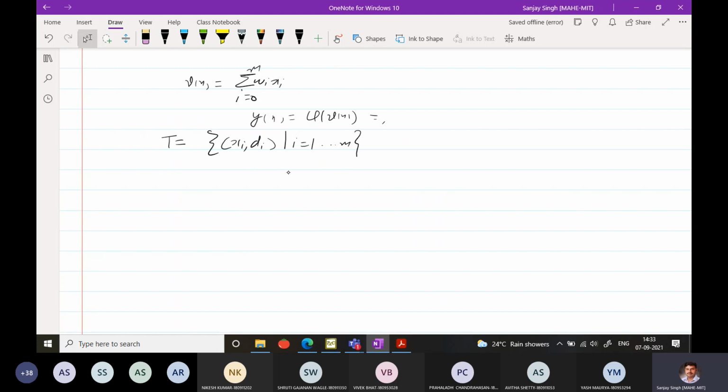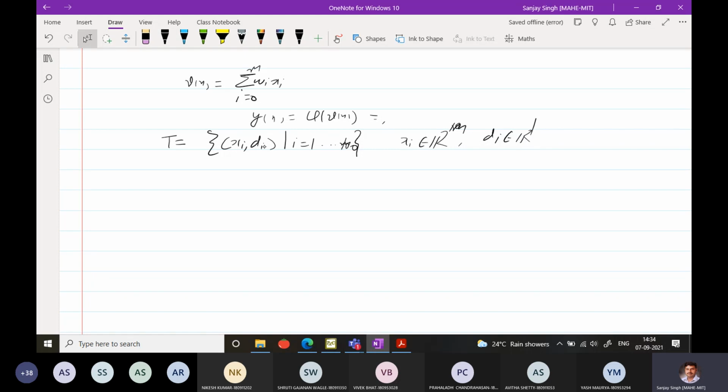It may be mentioned that x_i is some 10-dimensional vector, and d_i in this case is of course just in R^1. Or, if you are not comfortable with this, let me say x_i is some m-dimensional, meaning m attributes are there, and the output is basically only one, either +1 or -1.